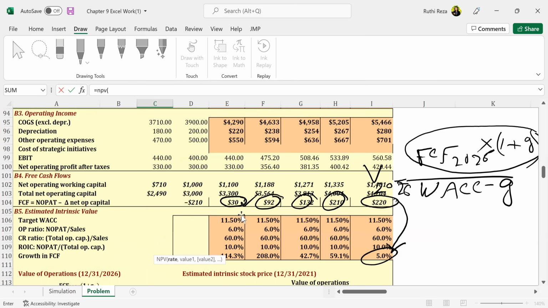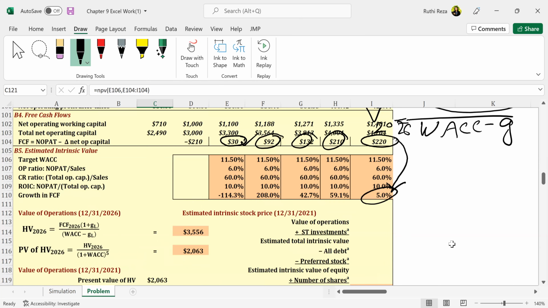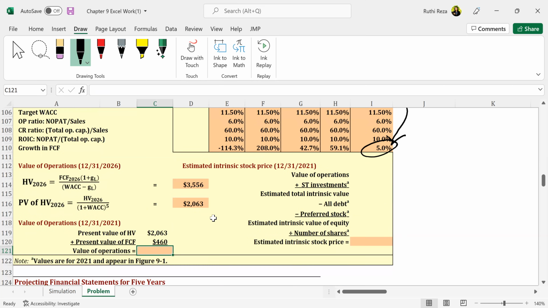NPV, and our rate is standard every year. We're going to apply this rate over the free cash flow to the firm for the next 5 years. Hit enter. Then value of operation is present value of the terminal value plus present value of the remaining free cash flow to the firm. All right. So this is how we get value of operation.